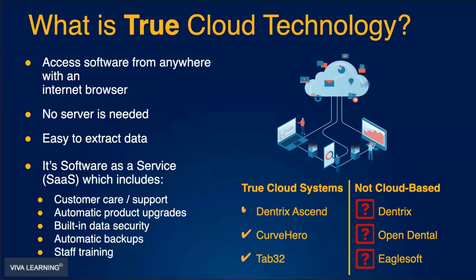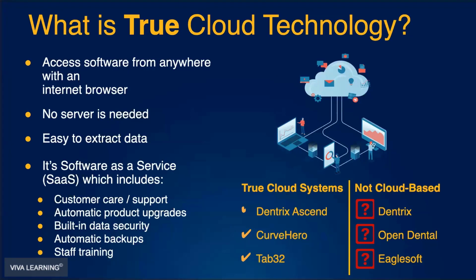Third thing, there's always a mechanism to extract your data easily. Fourth thing, cloud-based software is also known as SaaS, or software as a service. And you have to have world-class service wrapped around that software. Customer care, product updates that happen automatically in the background, data security, data backups, your training, those are all included.